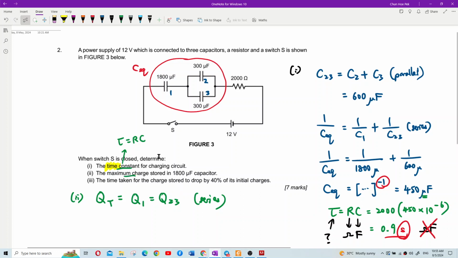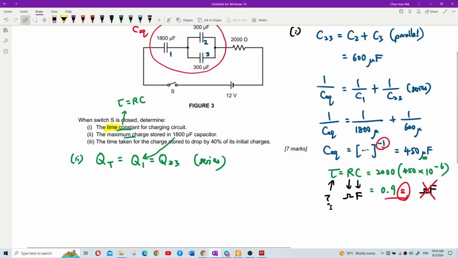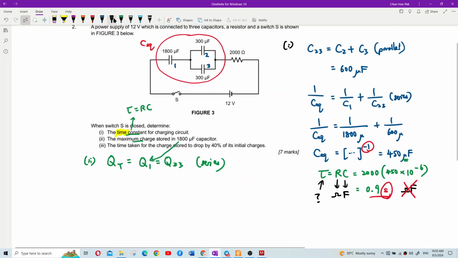This is for the 1800 microfarad, which is considered Q1. If you want to find the charge for Q1, you need to find the total charge, because the total charge is equal to Q1, because series. So find the Q total.